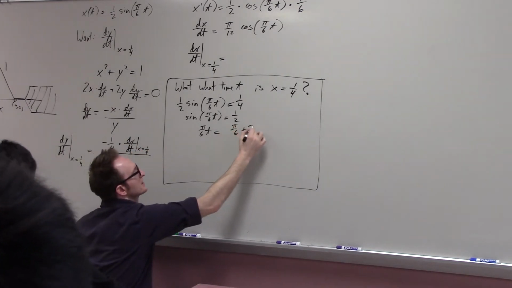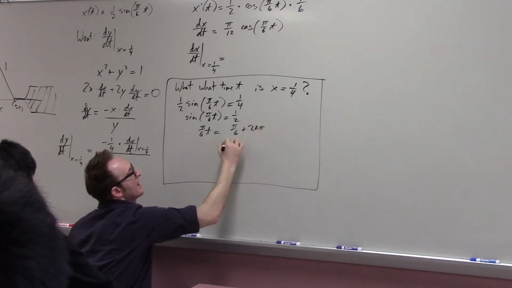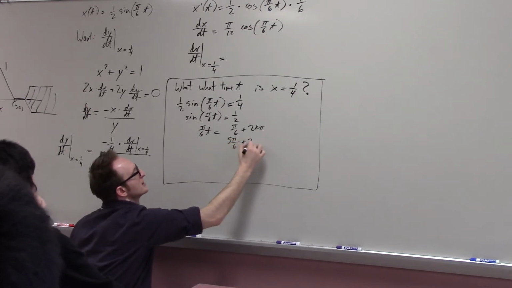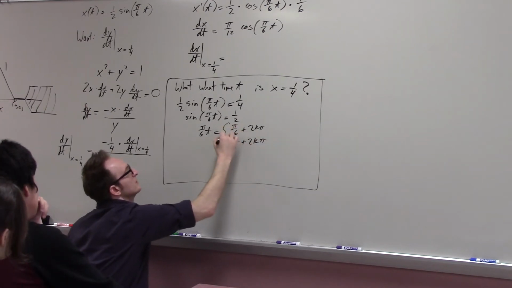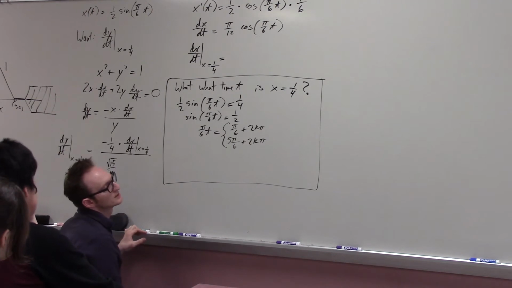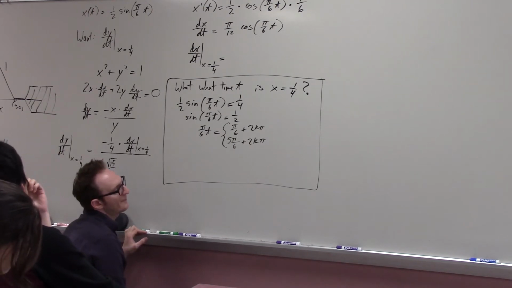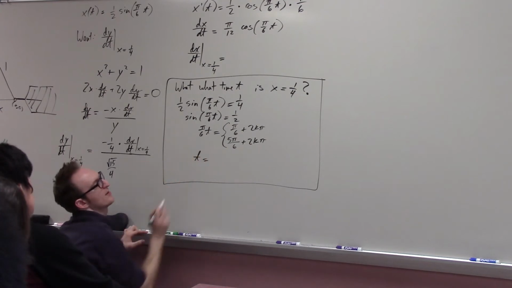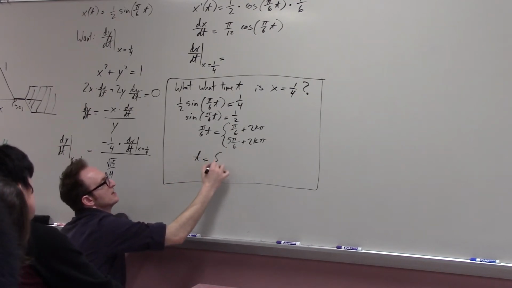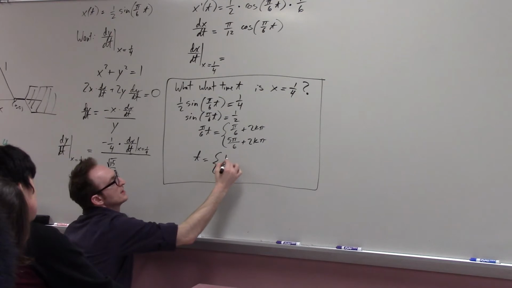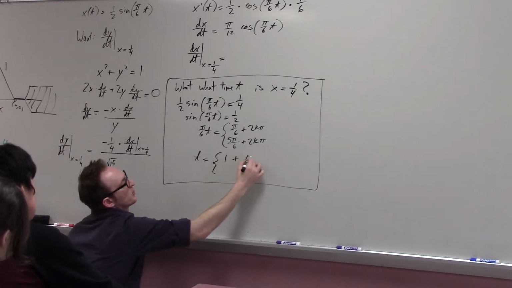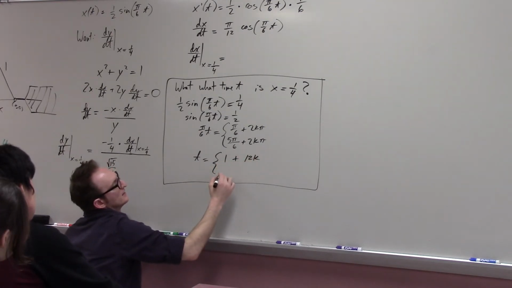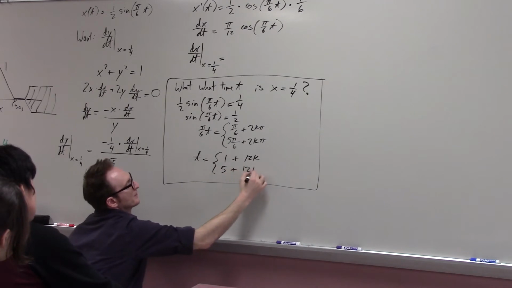So pi over 6 plus 2k pi and 5 pi over 6 plus 2k pi. Those are the two times when that happens. And then to finish solving the equation, I just multiply both sides by 6 over pi. So that's going to give me 1 plus 12k and 5 plus 12k.